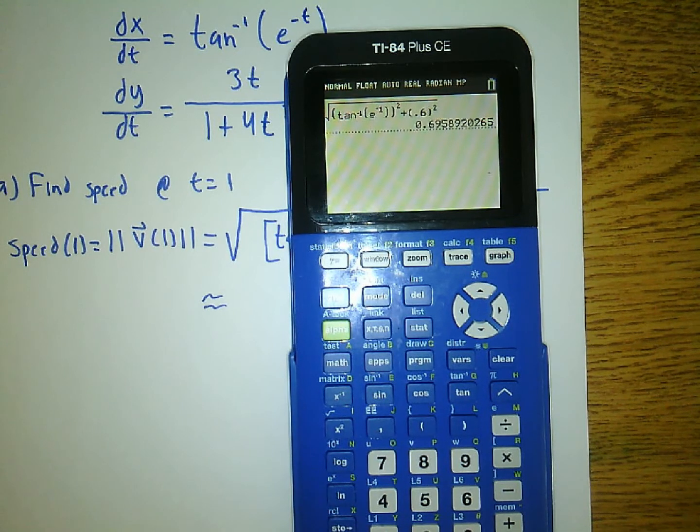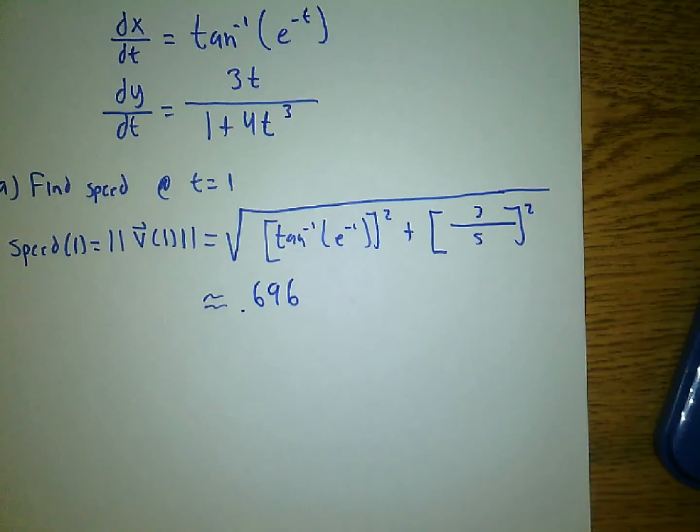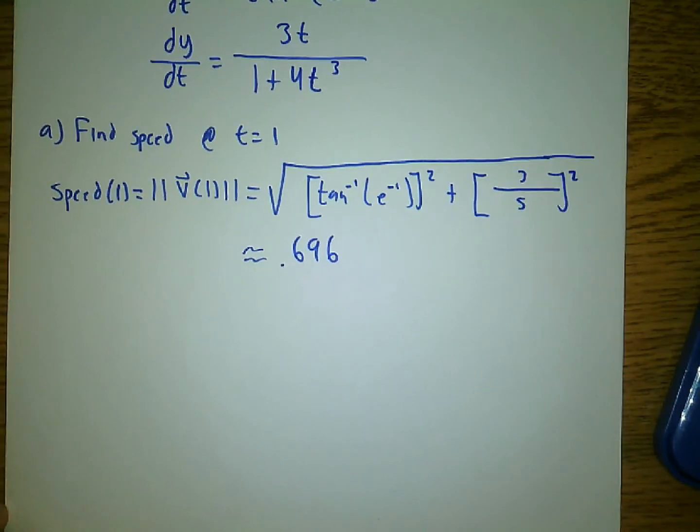So I get 0.696. Meters per second. You do not have to put any units unless there's units in here.